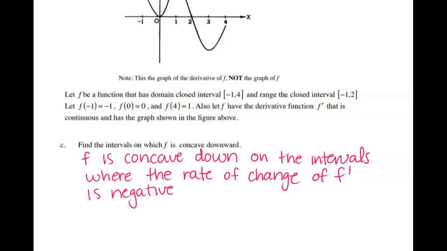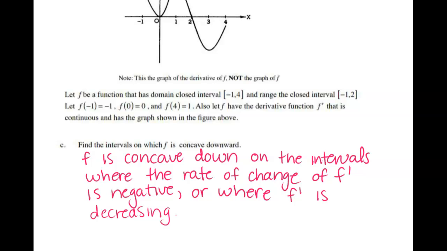Basically the slope of the tangent line, the derivative of f prime, or where f prime is decreasing. This is where the second derivative is less than 0.